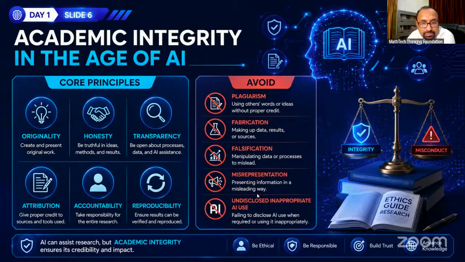And AI does not remove these obligations. It makes them even more important. Okay. So everyone should follow these core principles and respect the policies. Again, I am saying, because the policies of the institute, the journals, the funding agencies, and the government, we should always respect, and be transparent.